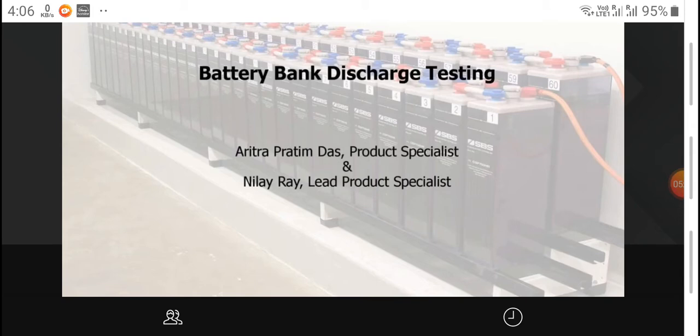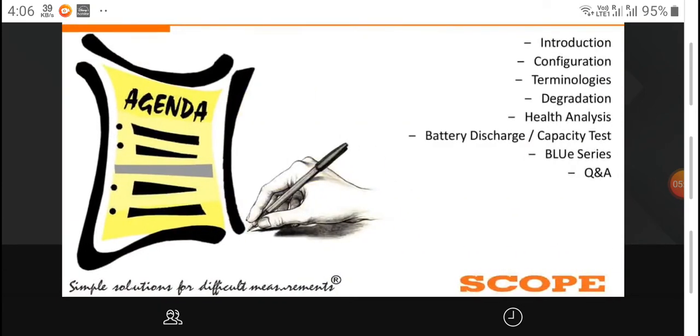So today the topic is battery bank discharge testing. The agenda is first the introduction, where we will cover the basics of the battery. Then we will show the configuration, the basic terminologies of the battery, the health degradation, why the degradation of the batteries is happening, and how we are doing the health analysis of the battery.